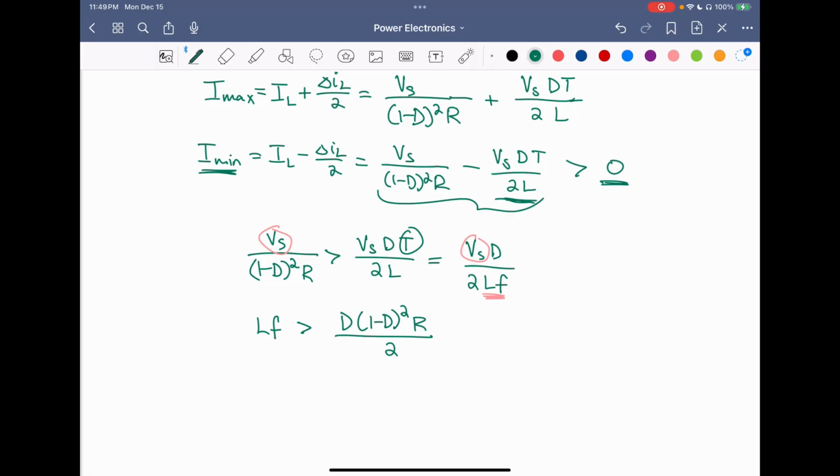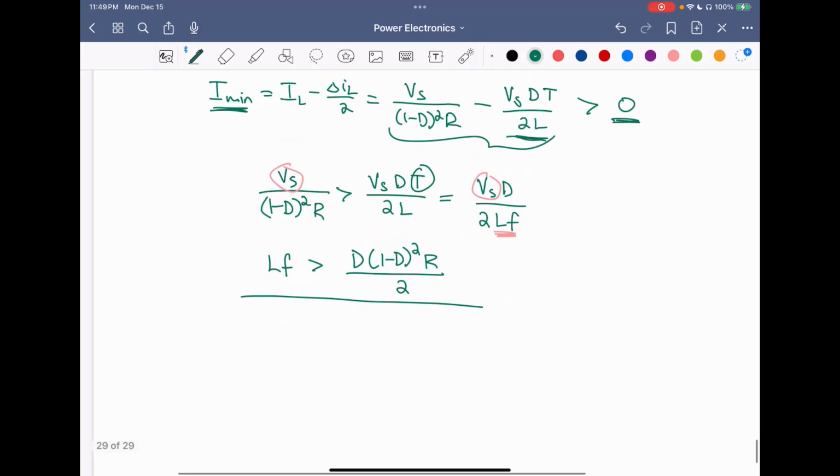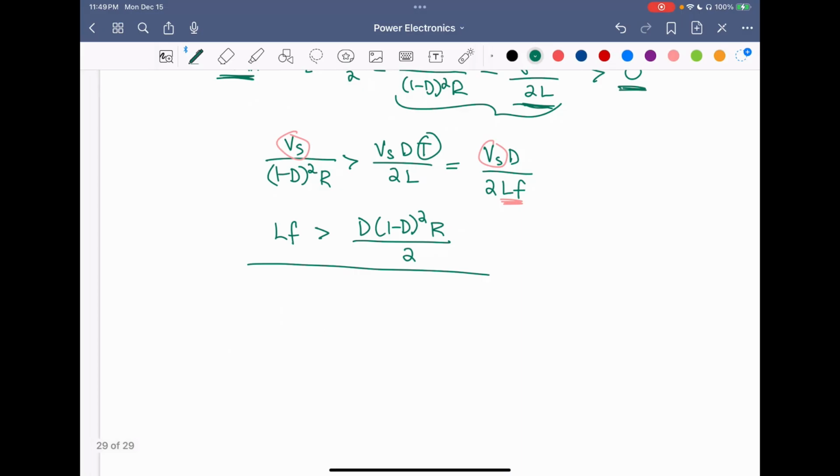So this is a key design equation. Now, if we select the switching frequency f in our design already, and now we just want to choose the inductor, we can divide both sides by f, and we get that the minimum inductance is D times (1 minus D) squared R over 2f.